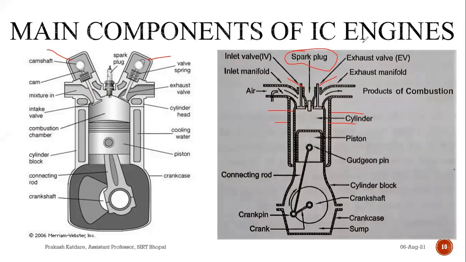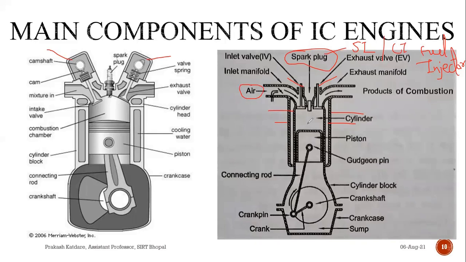And then there is a spark plug which is responsible to initiate the combustion process in case of SI engine, while in case of CI engine, we will be having a fuel injector here. In CI engine, there is no spark plug. What we use is a fuel injector, which will be injecting the fuel. It means in CI engine, only air is going to come inside the cylinder.